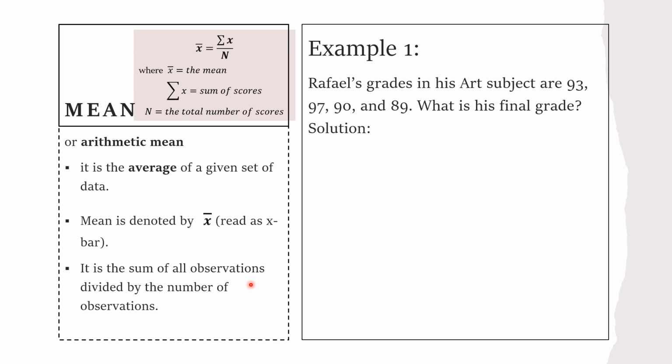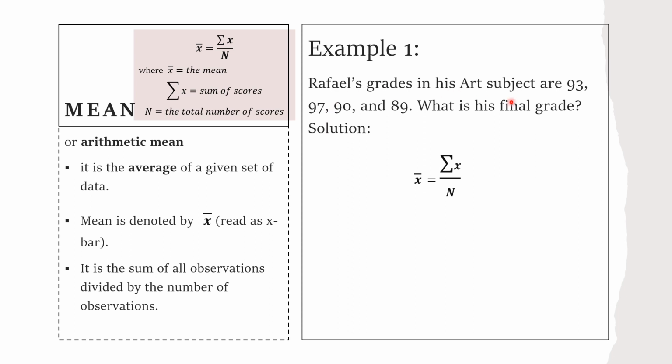Let's start with example number 1. Raphael's grades in his art subject are 93, 97, 90, and 89. What is his final grade? Therefore, we are just going to find the average or the mean. So how do we do that? Add all the grades.